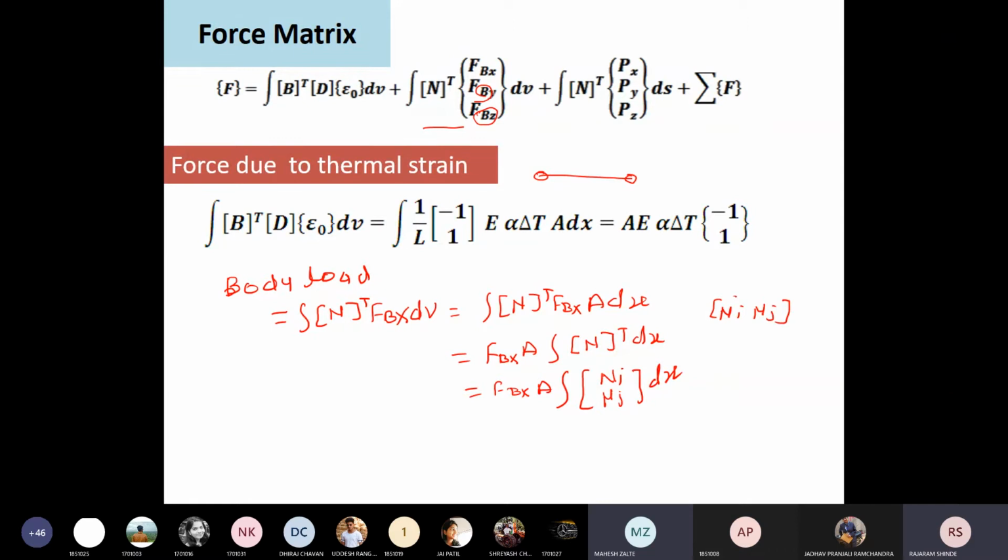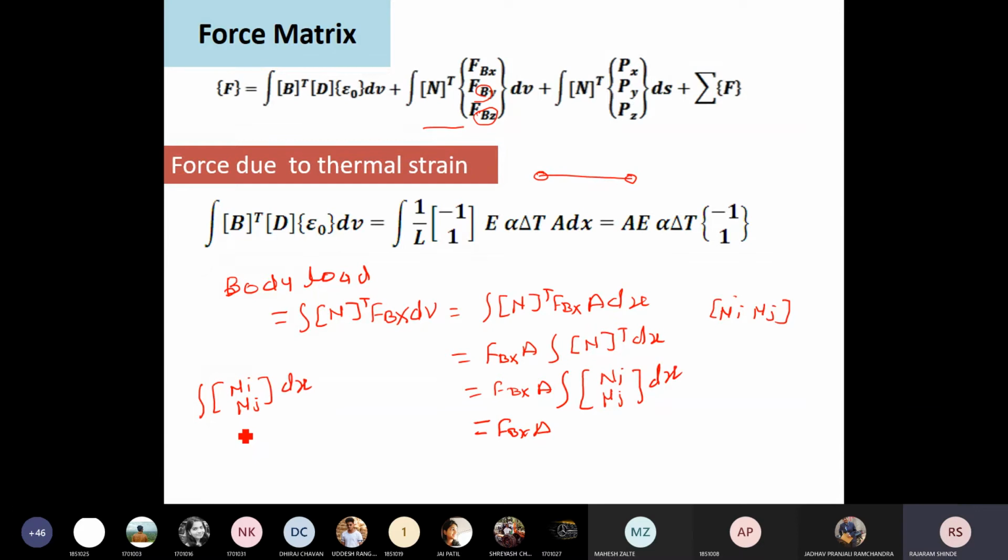Now you tell me the integration of this one. How can we calculate the integration of this? Here, this body force FBX is as it is, and A. Now I want to calculate the integration of Ni Nj over dx.